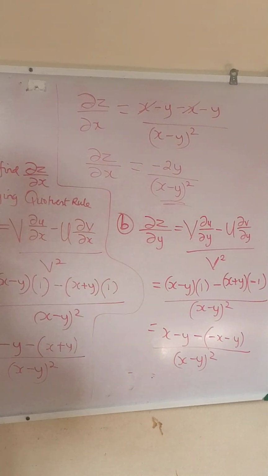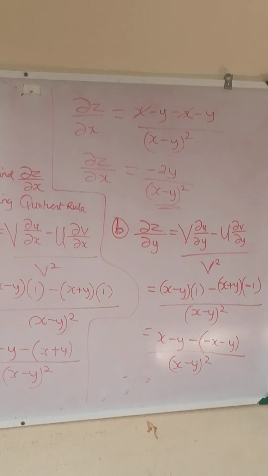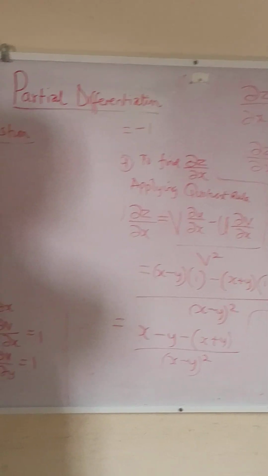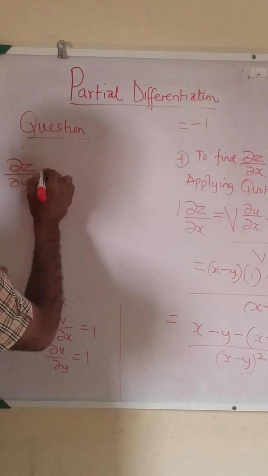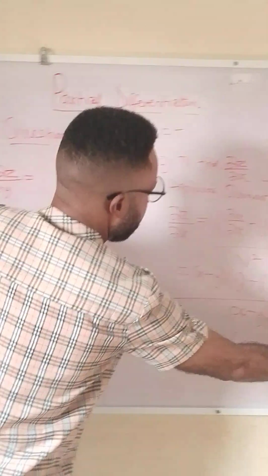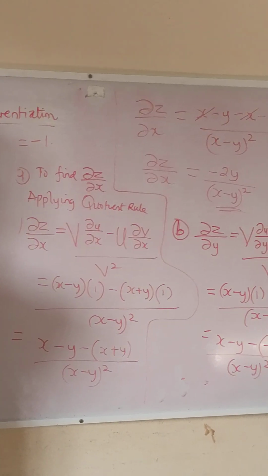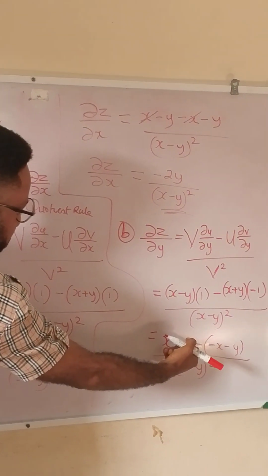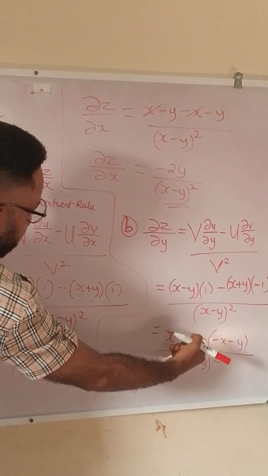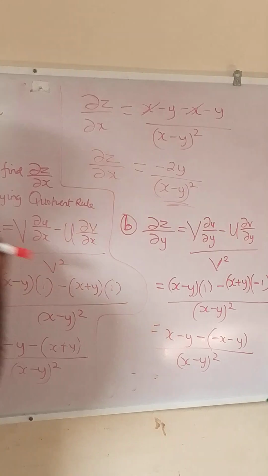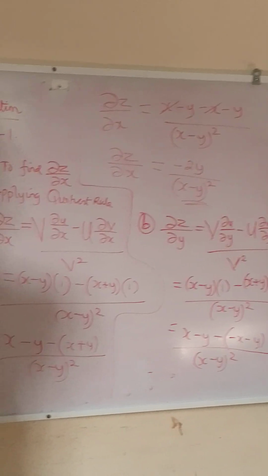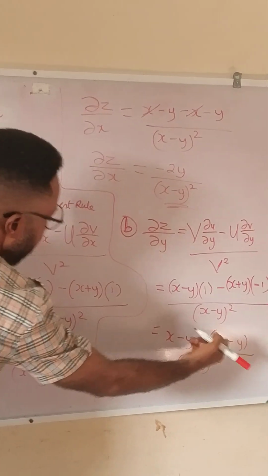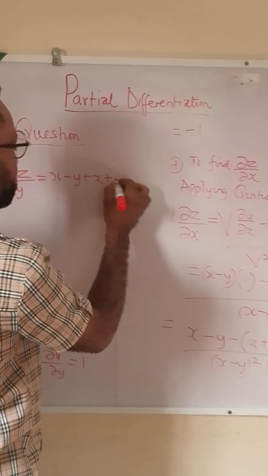So we have x, there is a change in partial derivative of z with respect to y equal to, we have x minus y. Now if we use this negative to open this bracket, this negative times minus x will give us plus x, and this negative again times minus y will give us plus y.